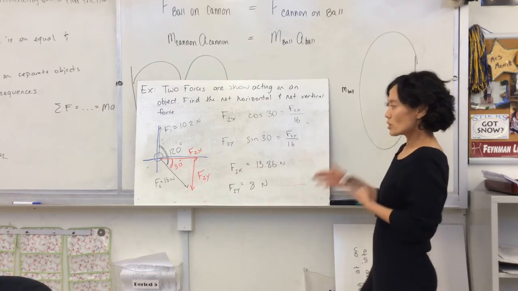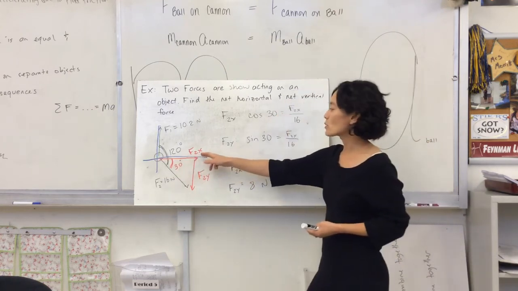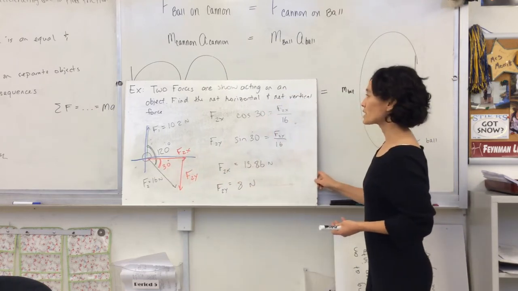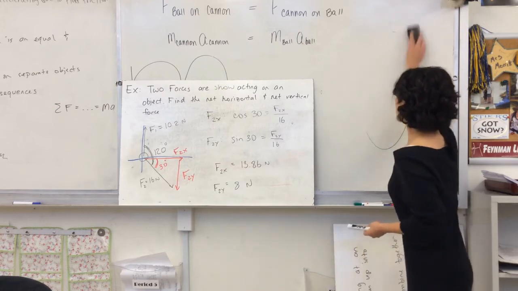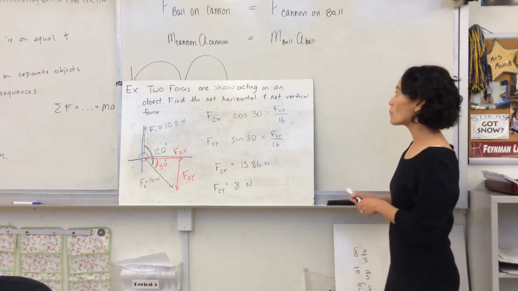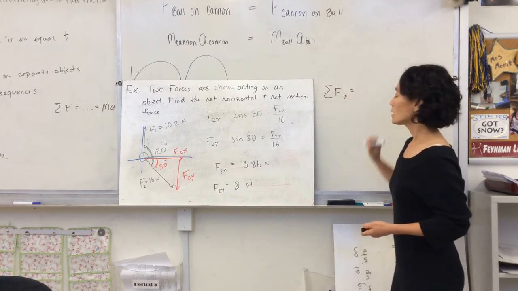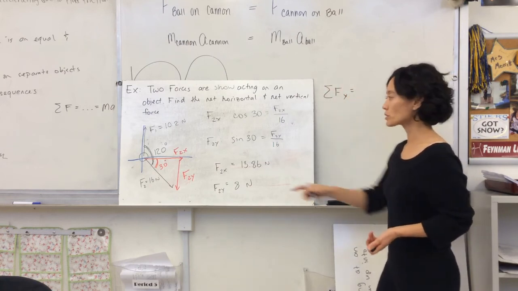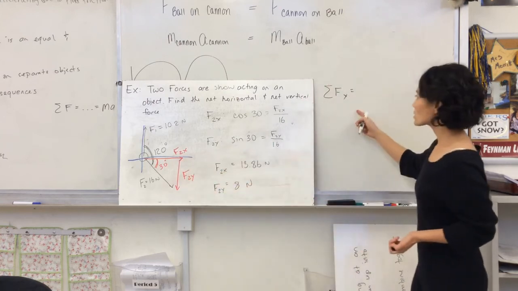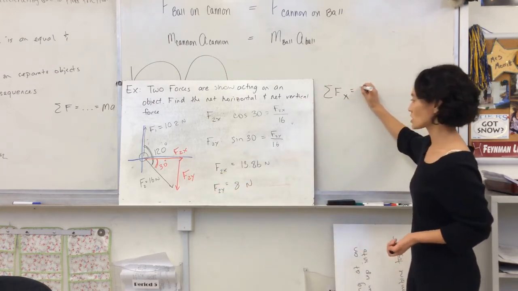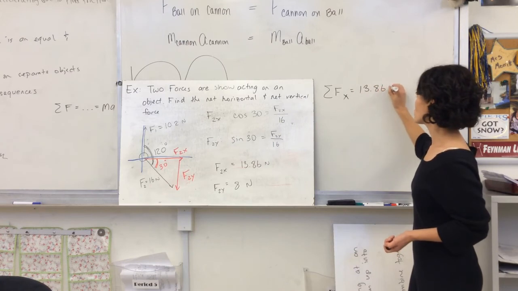So there's a portion of F2 going this way and a portion of F2 going that way. Now if I were to find what the net force is, I would look at the sum of my forces. Horizontally, the only force I have going horizontal is this F2x, so horizontally it's just going to be 13.86 newtons.